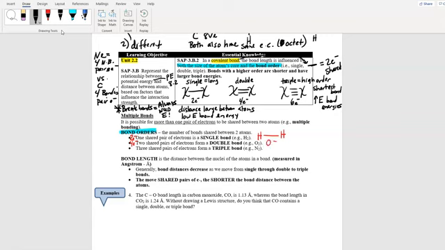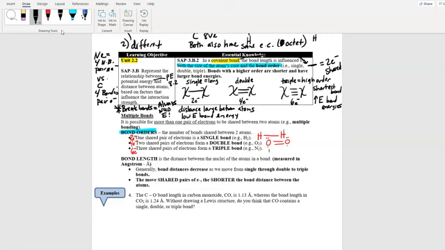And what happens is you would get something like this. I'm not drawing the lone pairs on it, but there are lone pairs on those oxygens, those 2 dots up there. And a triple bond, which is 3 pairs, is sharing 6 electrons.